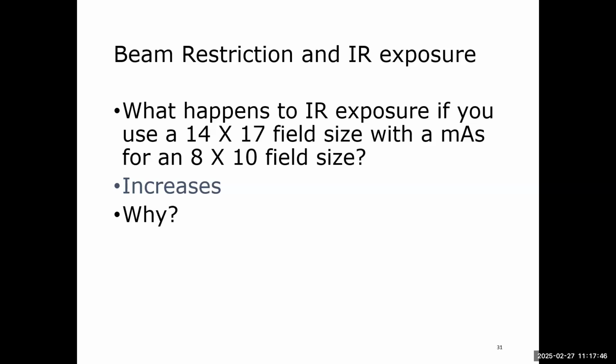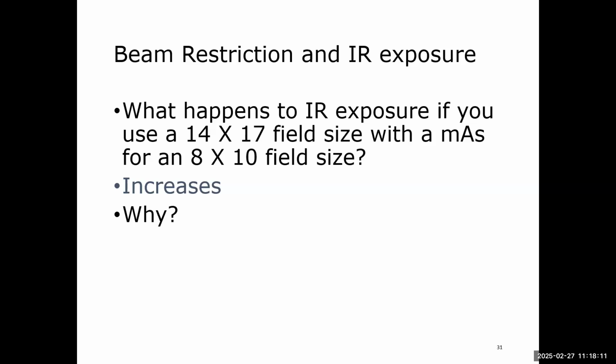So I've said it backwards. I'm so sorry. So let's say we started out with our spot 8 by 10 and we used a particular mass for that. And then we did our AP 14 by 17 and we didn't change our mass. Then our IR exposure would go up because we don't need as much mass with a bigger field size. I'm so sorry. I read that wrong.